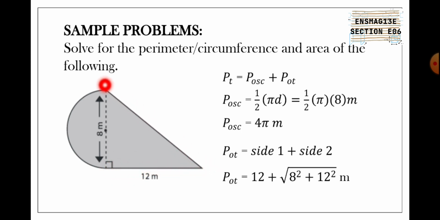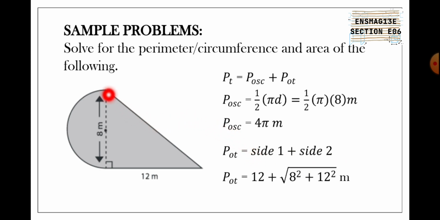Now, we will solve for side 2. Since side 2 is the hypotenuse, we will use the Pythagorean theorem. I know you are aware of the Pythagorean theorem: c squared is equal to a squared plus b squared.